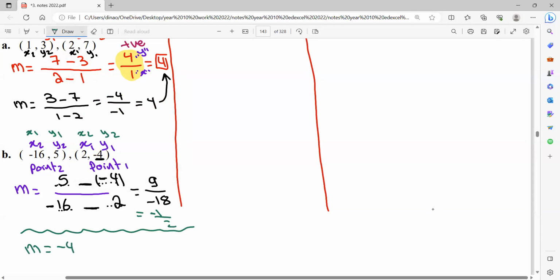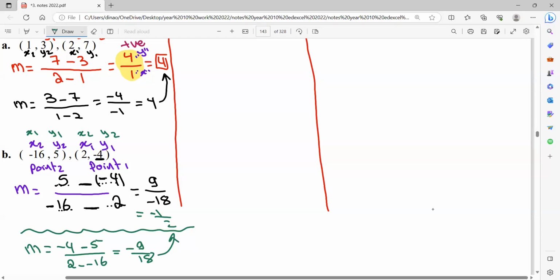So y2 minus y1 over x2 minus x1, which is 2 minus negative 16 in this way. So negative 9 over 18 and of course you will get the same answer. So we discussed the gradient and the possibility of switching the points, meaning which is x1 and which is y1, and then we understood how to sketch it if you wish to sketch.